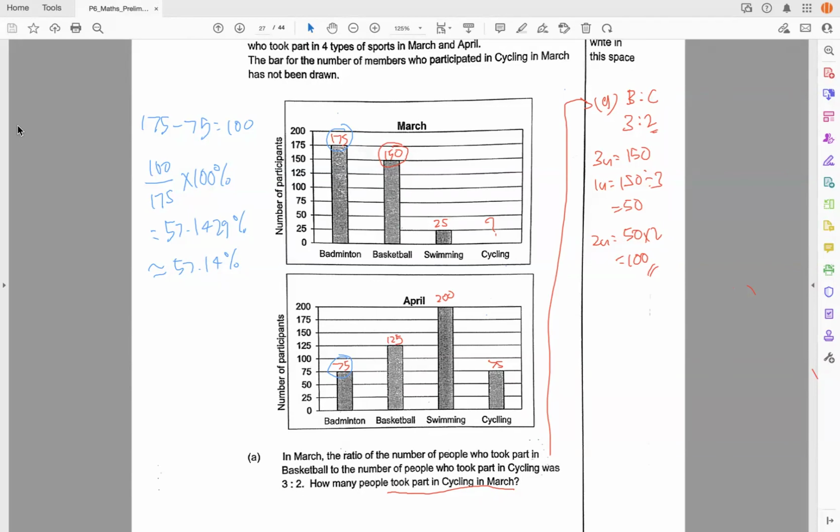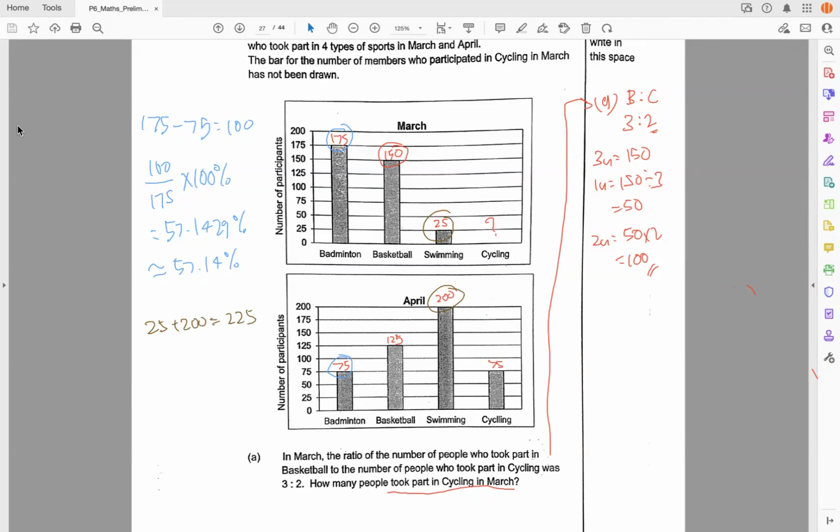In March, swimming you have 25. April is 200. So it's 25 plus 200. In both months, there are a total of 225 members who took part in swimming. And they charge a total fee of $528.75.